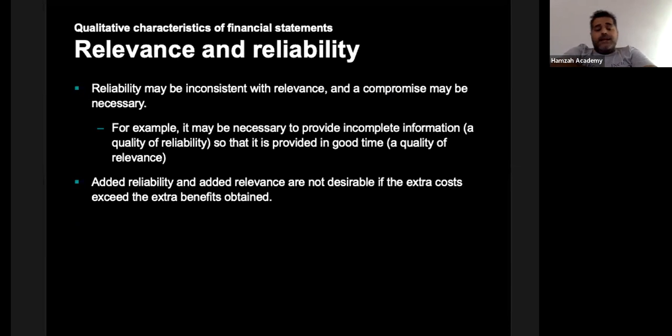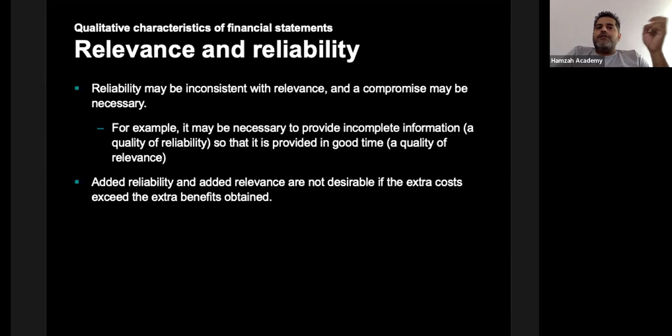Added reliability and added relevance are not desirable if the extra cost exceeds the extra benefits obtained. Same case, if there might not be enough time to gather the complete information, it may be necessary to provide information that is incomplete but not too late. And so the reliability may therefore be reduced in order to make the information relevant.